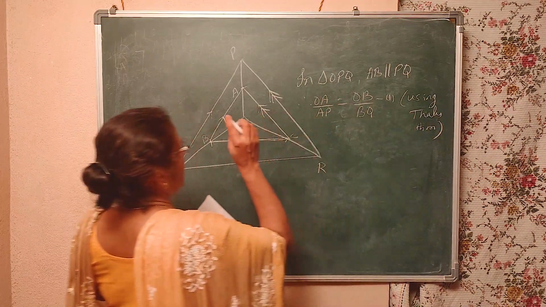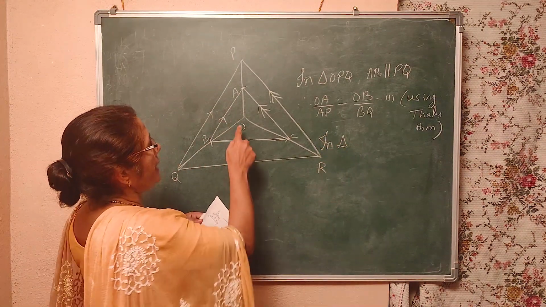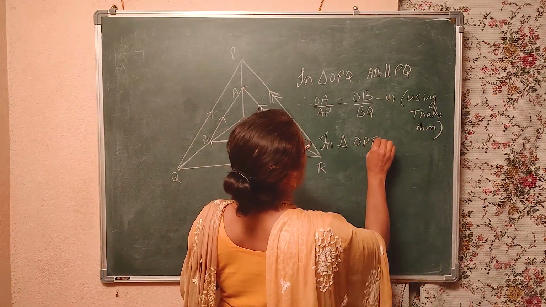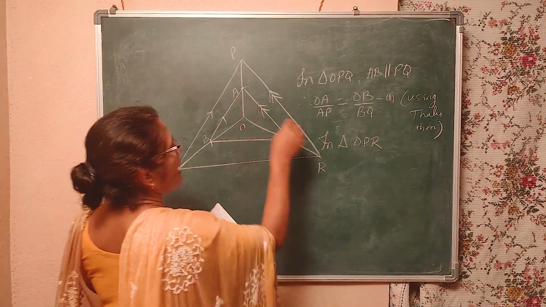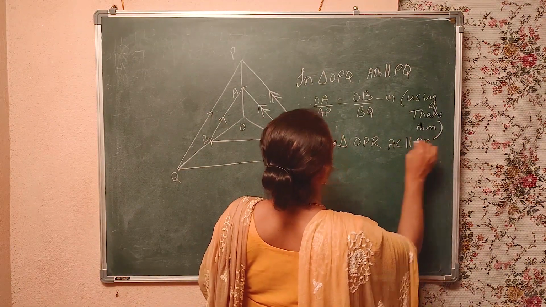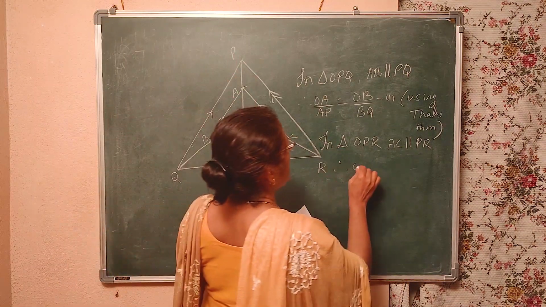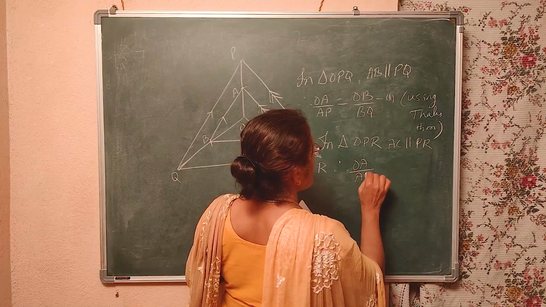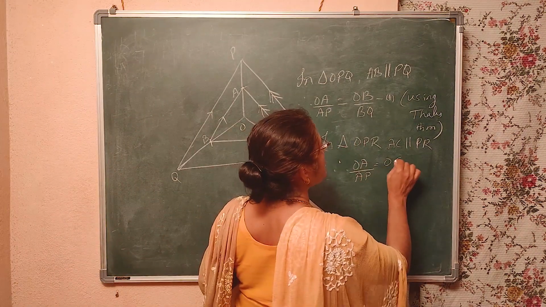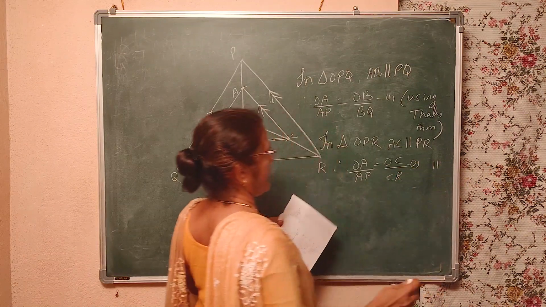Now, which is another triangle? In triangle OPR, AC is parallel to PR. Therefore, OA by AP is equal to OC by CR. Call it as 2 using Thales theorem.